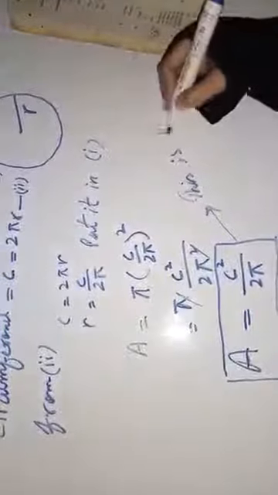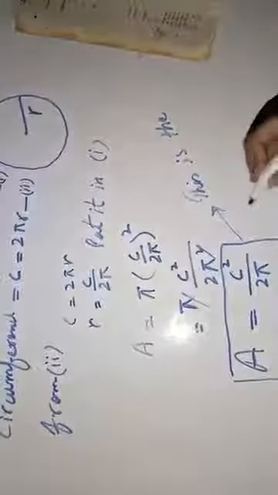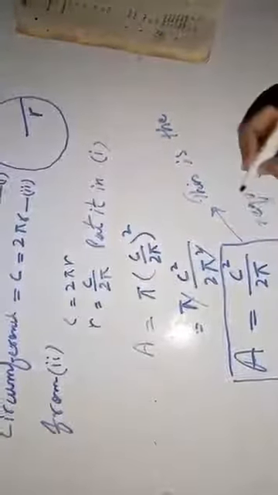So this is the required area of a circle as a function of its circumference C.